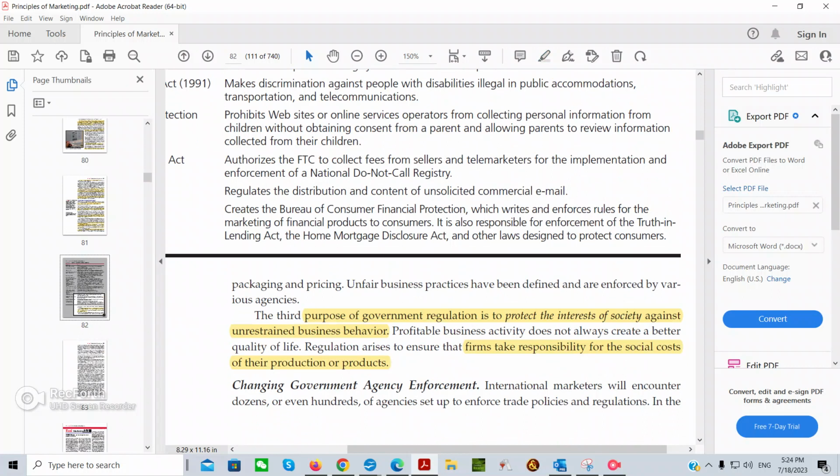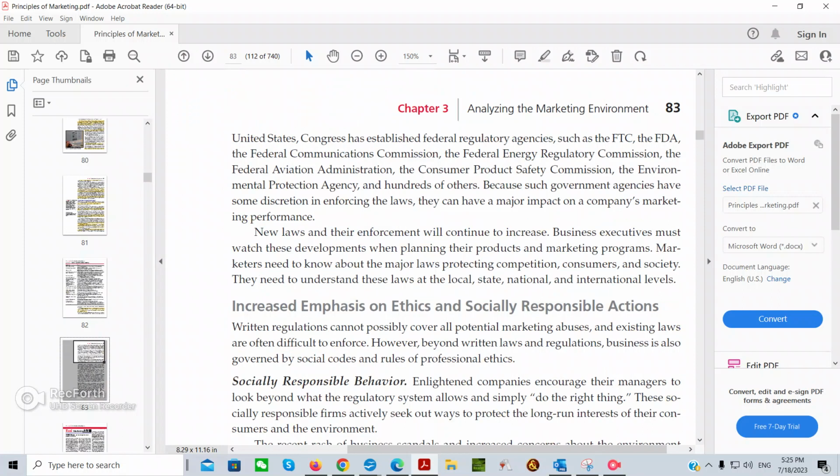We also have changing government agency enforcement. International marketers will encounter dozens or even hundreds of agencies set to enforce trade policies and regulations. In the United States, Congress has established federal regulatory agencies such as the FTC, the FDA, the Federal Communications Commission, the Federal Energy Regulatory Commission, and the Federal Aviation Administration.